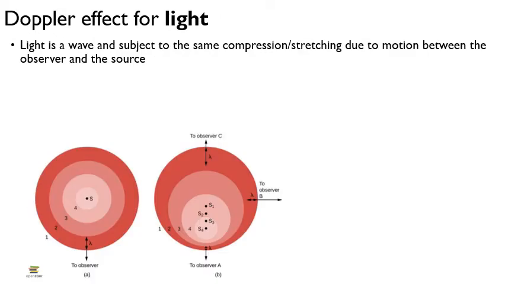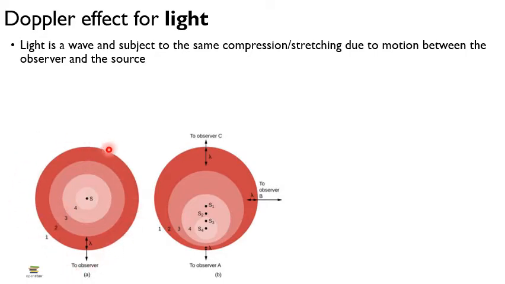This same effect actually occurs for light. Light is a wave, and it's subject to the same compression and stretching due to motion, just as sound is. What's important to note is that this is the motion between the observer and the source. If the light source isn't moving, the wavelength is the same no matter where the observer is.